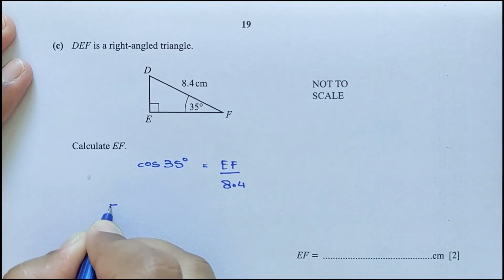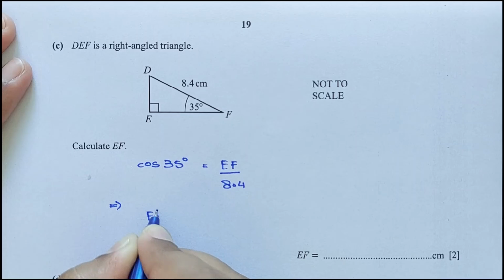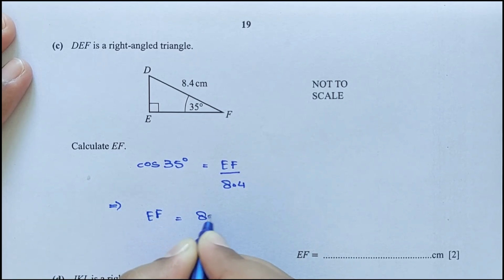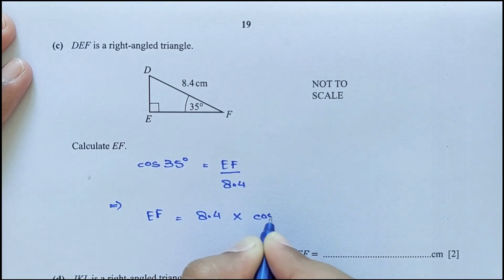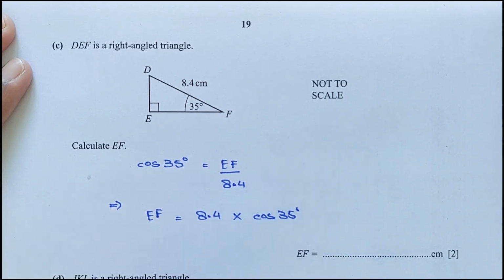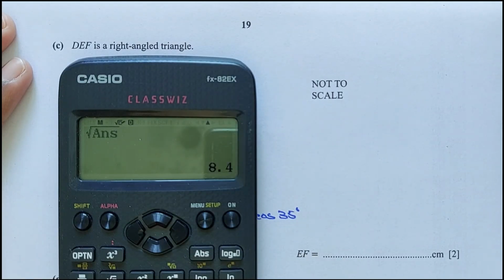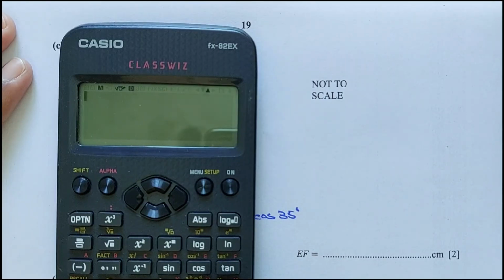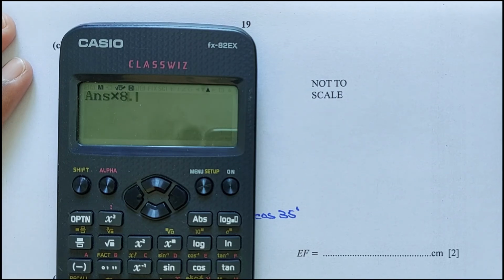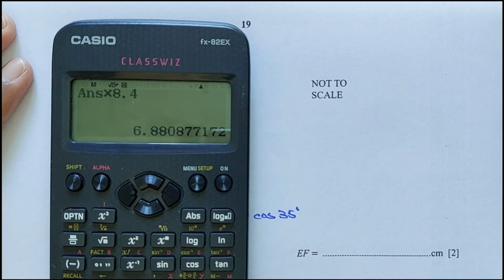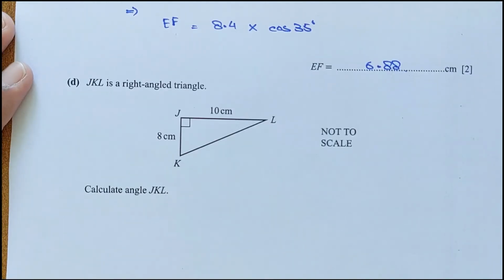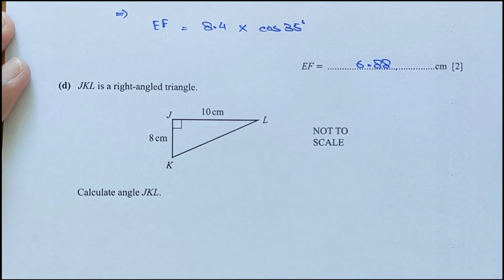So cross multiplied from here, EF is equal to 8.4 times cos 35 degrees. Cos of 35 degrees times 8.4, 6.88 centimeters.